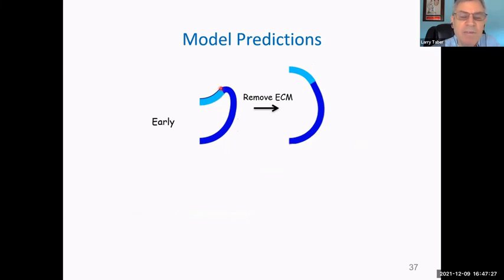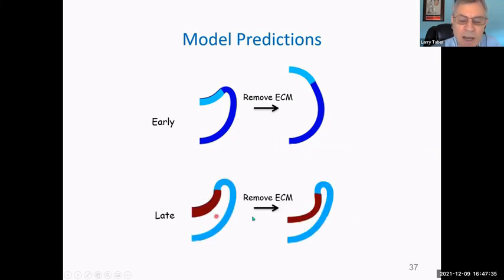This effectively removes the matrix, and when this was done during early invagination, you see how it popped back out. But if it was done later on, it remained invaginated, just like in the experiments. What happens here is that the growth of the cells has gotten so big that this can no longer fit through the hole that was created when it initially invaginated. So it just can't go back out.